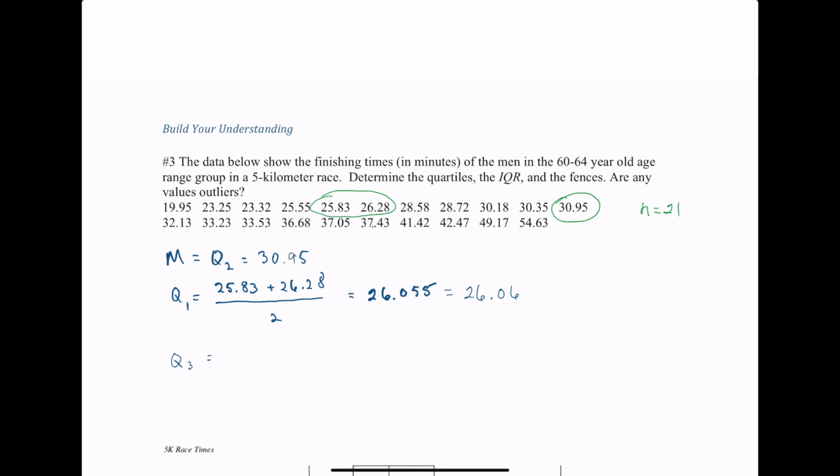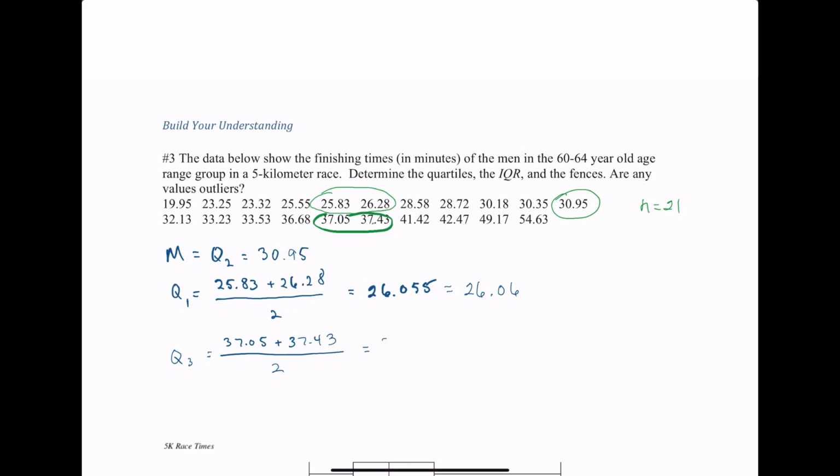Q3 will be the average of the two middle numbers in the upper half of the data, which I believe are those two. Yep. And so that will be 37.05 plus 37.43 divided by 2, and that is 37.24.